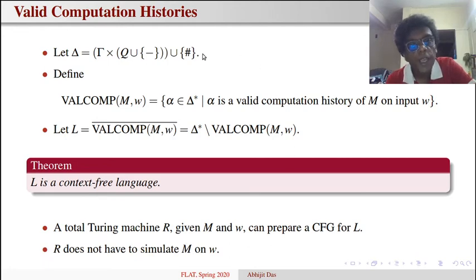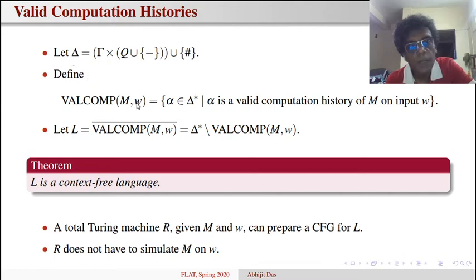We have encoded configurations of Turing machines by symbols having two parts: the top part consisting of the tape symbols and the bottom part consisting of states and a minus symbol. And if I add a separator hash to it, I can encode computation histories over this alphabet.